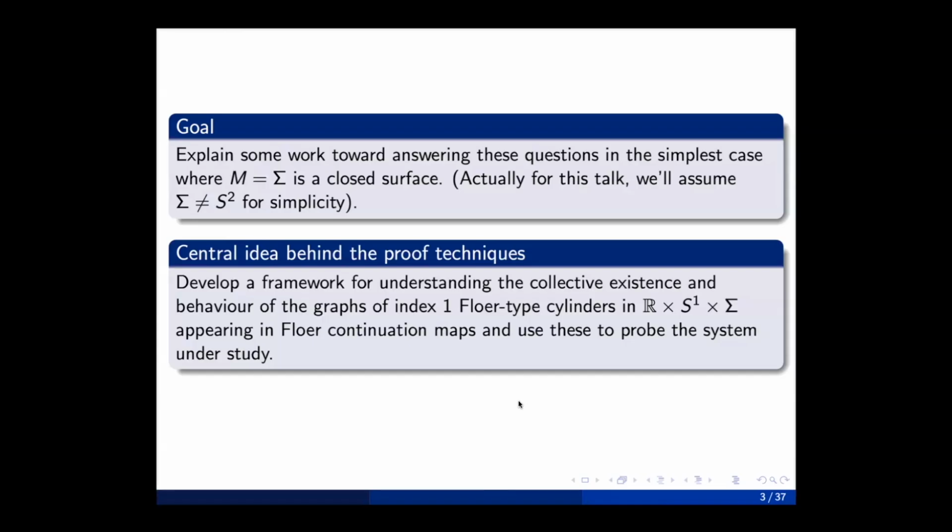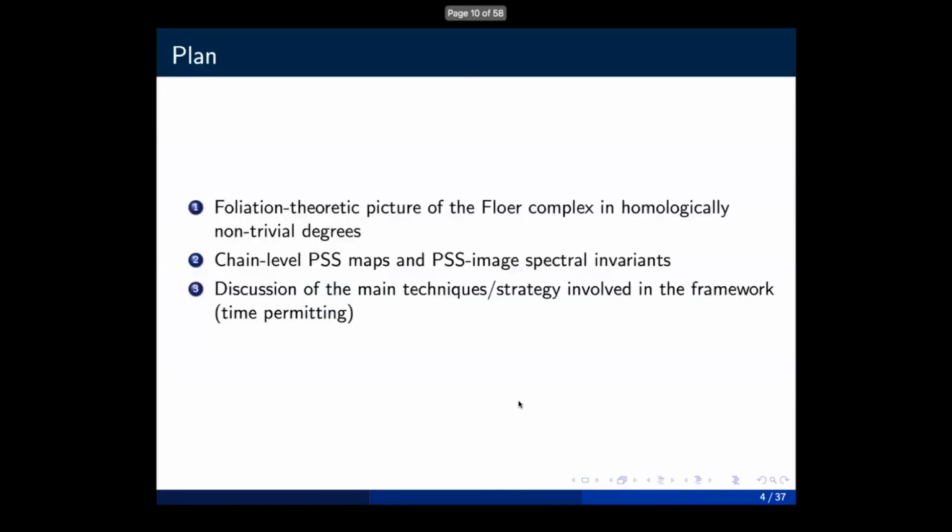The central idea is to understand quite well the existence of collections of index 1 cylinders in Floer continuation maps for surfaces. Once you understand this quite well, and the relative topology of such cylinders, you can use this to pull information around from systems that you understand to systems that you want to study.